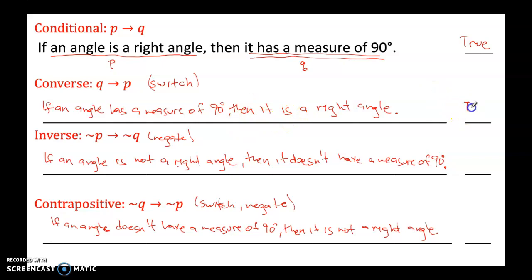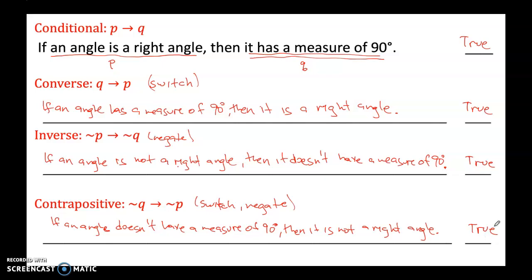This is also true because all right angles measure 90 degrees and all angles that measure 90 degrees are also called right angles. Next, the inverse: if an angle is not a right angle, then it doesn't have a measure of 90 degrees. That will be a true statement. For the contrapositive: if an angle doesn't have a measure of 90 degrees, then it is not a right angle. This is also a true statement.